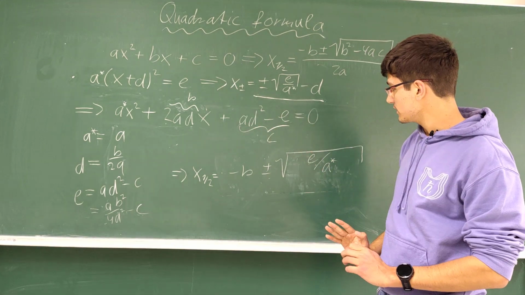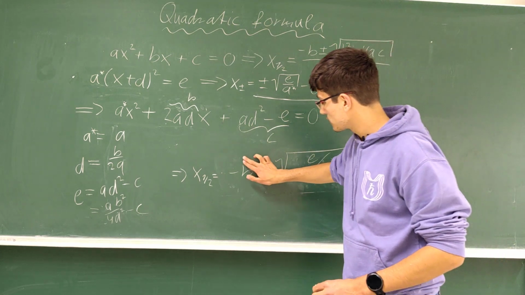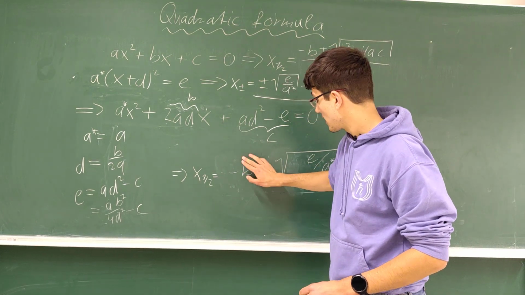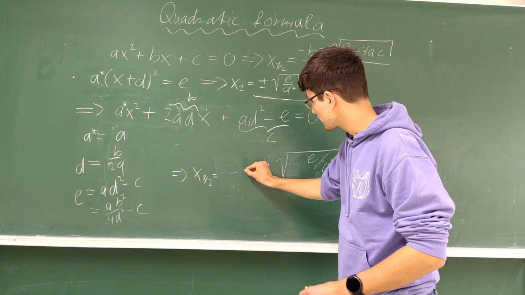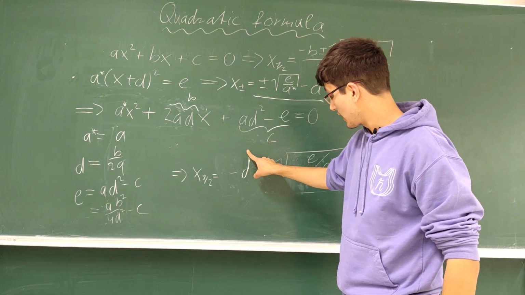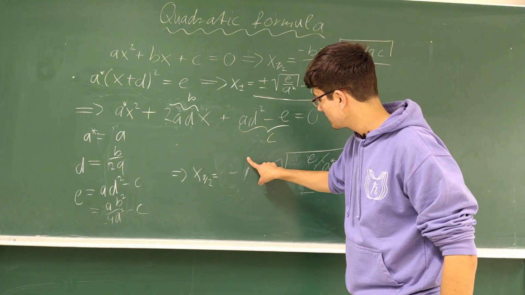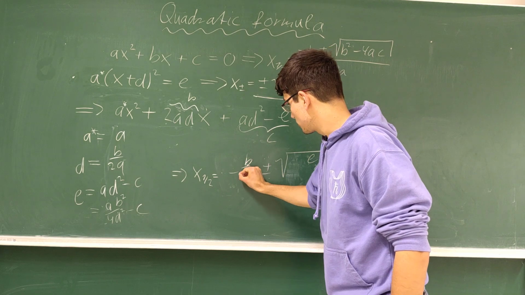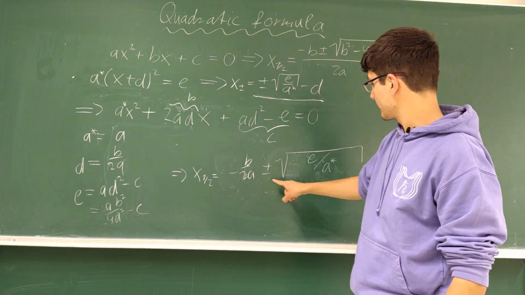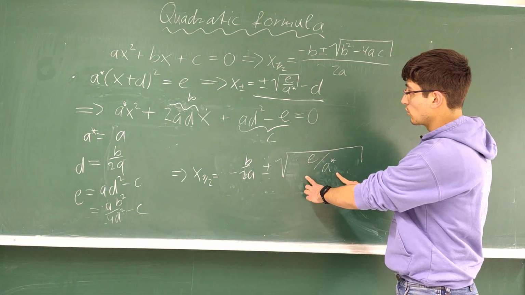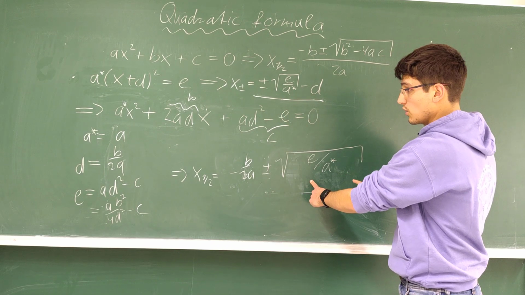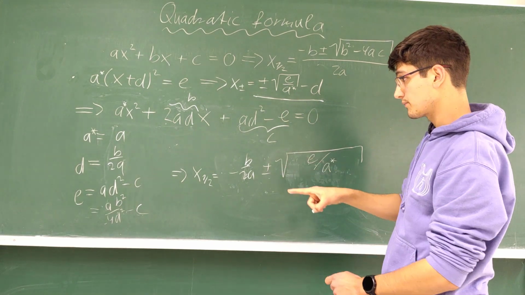I changed the order a little bit for visual purposes. So now I can express, okay, here should be d here. I want to express d with b over 2a. And then I will replace what we have here with our result that we got over there.